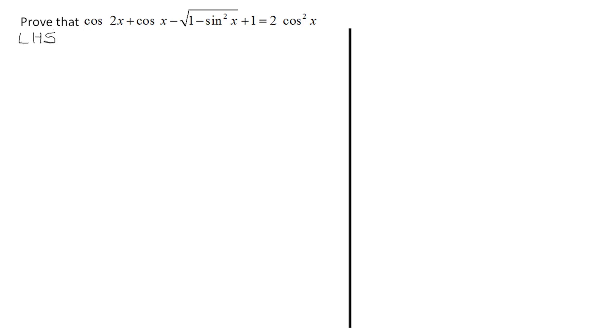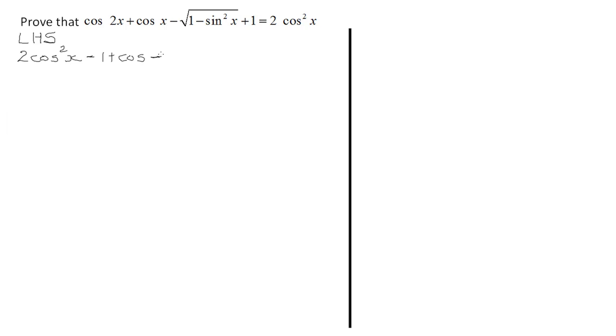I need to express cos 2x in terms of cos because my right-hand side tells me that I need cos squared x, which means I'm going to go straight to formula number 16, which is 2 cos squared x minus 1 plus the cos x minus.